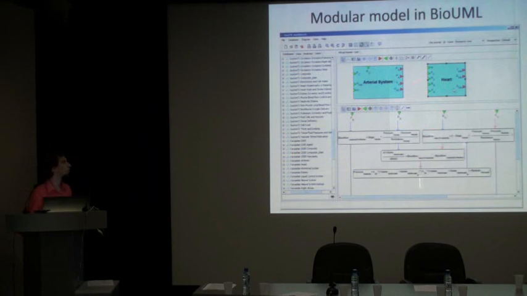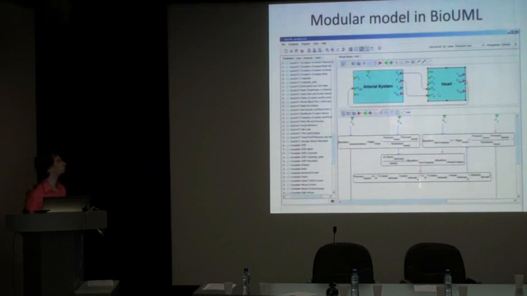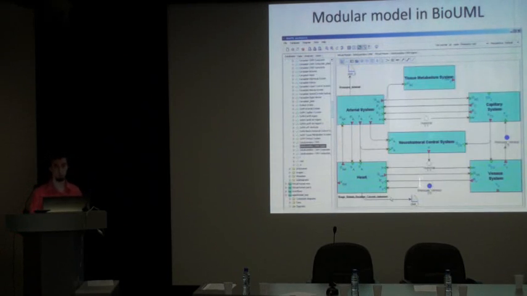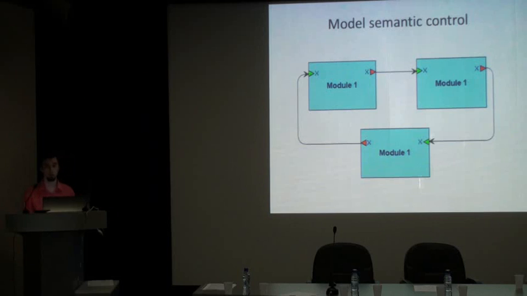Knowing that some of their parameters mean equal biological entities, we may connect them with appropriate connections. And so, continuing this iterative procedure, we add new models and create a large modular model describing the human cardiovascular system.